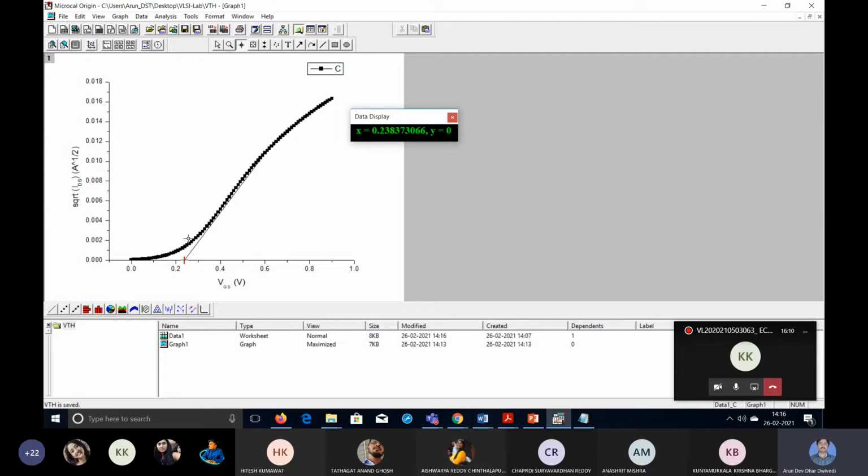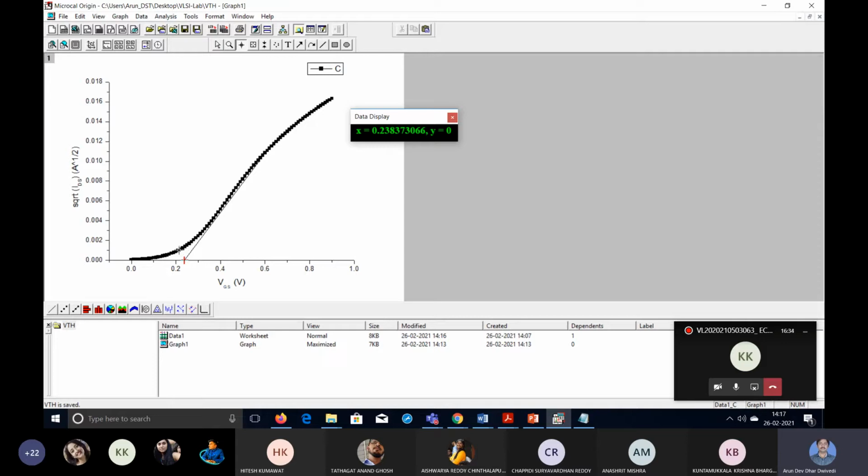And below the threshold voltage also some current is there. This is due to the subthreshold leakage. This region of operation is called the subthreshold region, because if the gate to source voltage in an NMOS transistor is positive but below the threshold voltage, then there are chances that some minority charge carriers, meaning electrons, may be accumulated under the oxide.